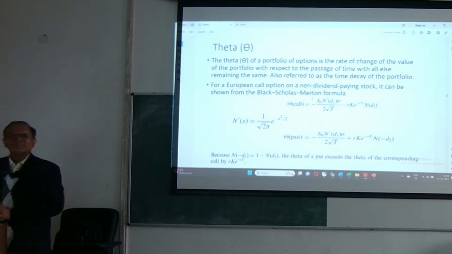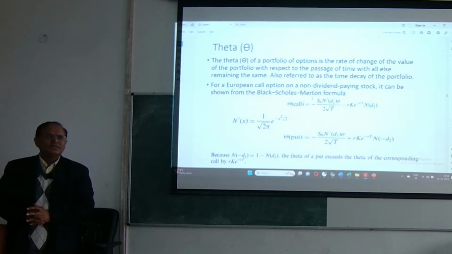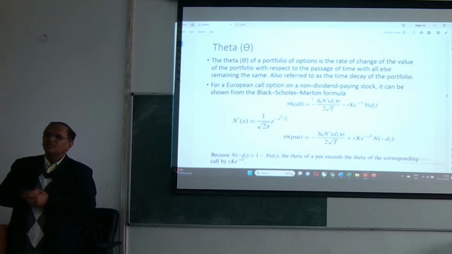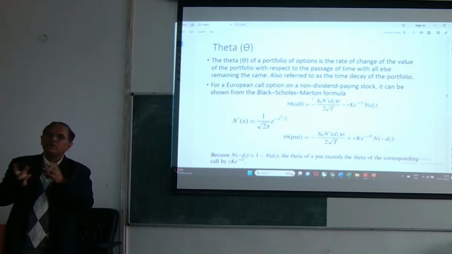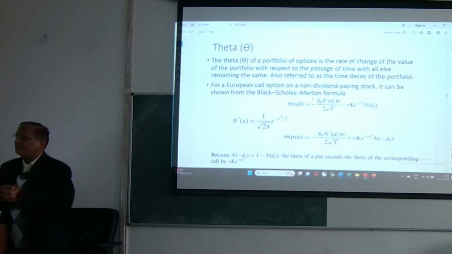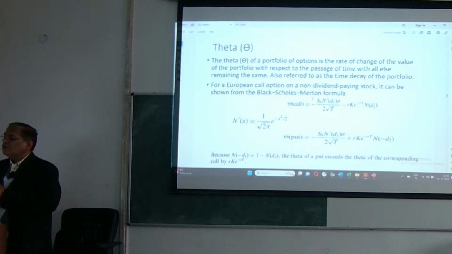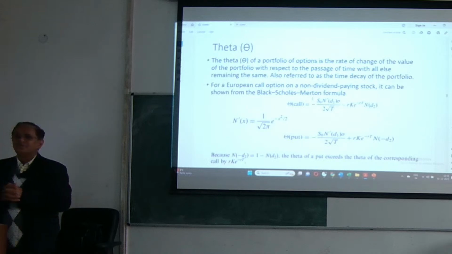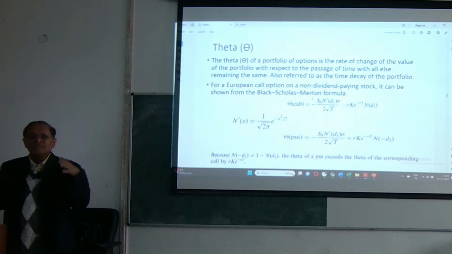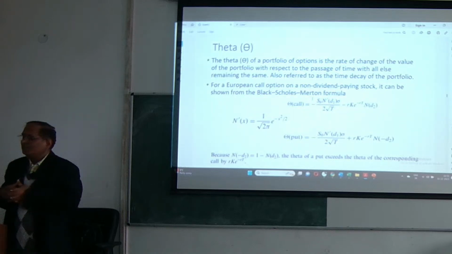It is always with the partial derivative concept where the remaining factors have to be constant. Then you can really look into one factor's impact and its relationship with the change in the premium. It is also referred to as the time decay of the portfolio. As time decays, how the premium will behave.